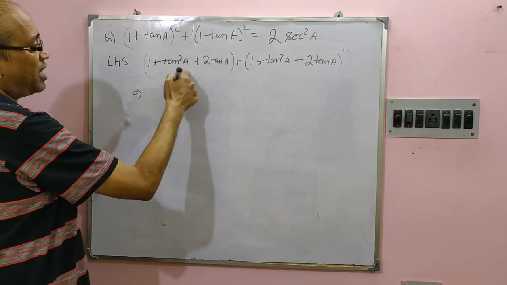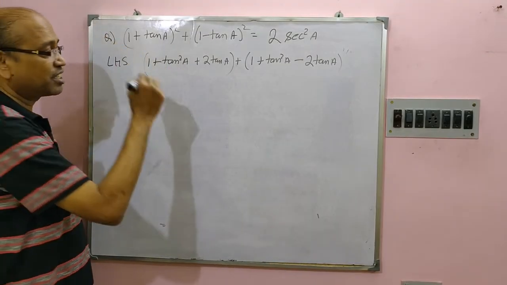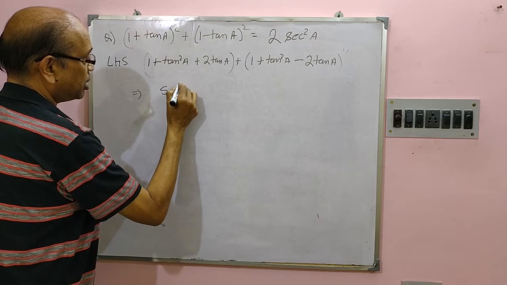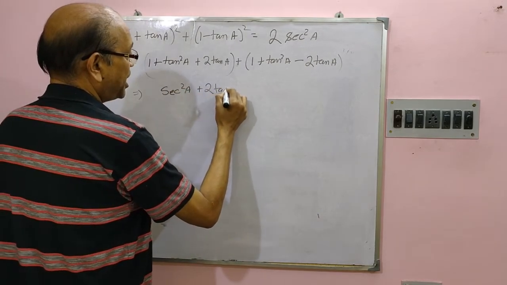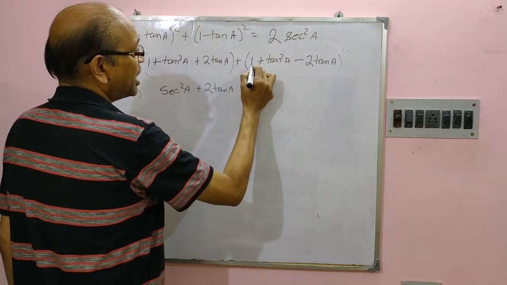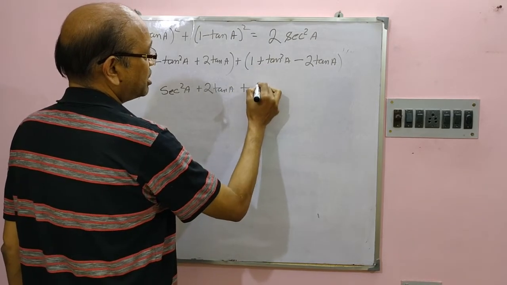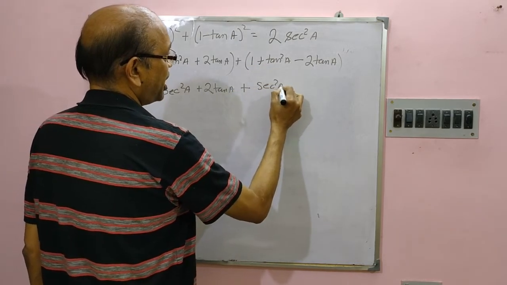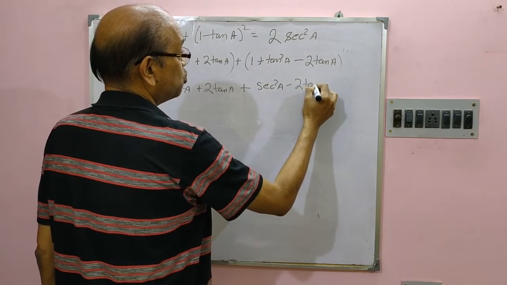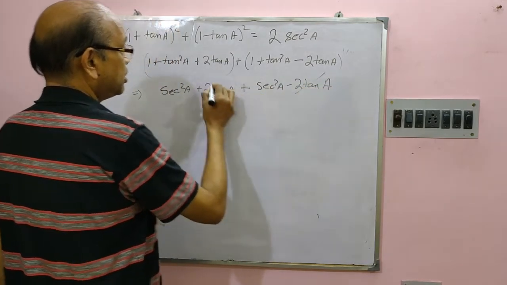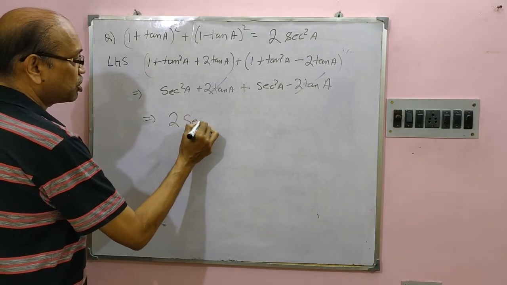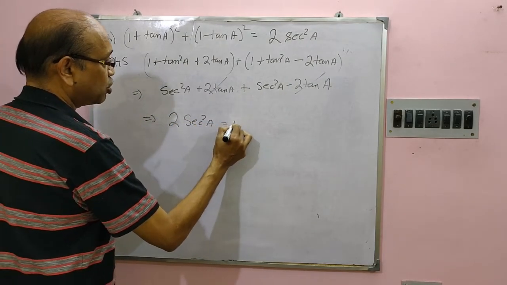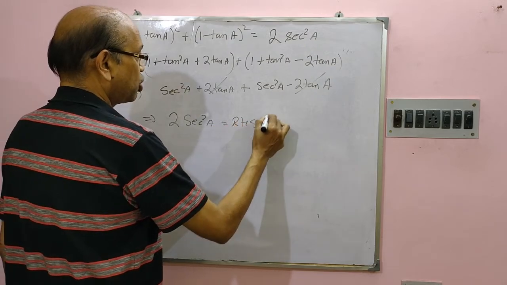Now 1 plus tan square theta is secant square theta. Secant square a plus 2 tan a plus, again here 1 plus tan square a is secant square a, minus 2 tan a. This cancels, so what is left? 2 secant square a, which is equal to the right hand side.